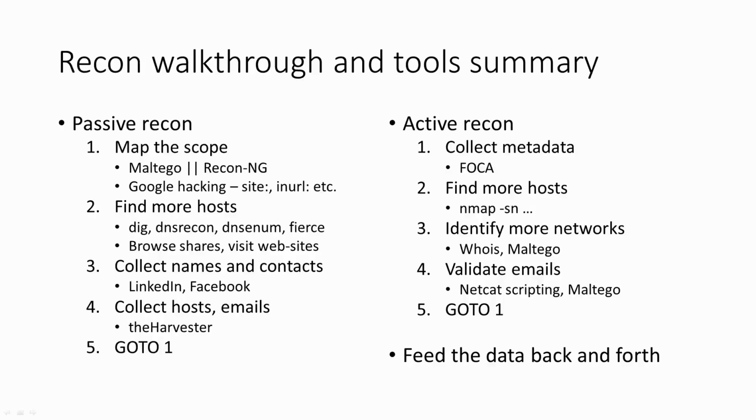In Maltego, at some point we will be able to validate some emails that we have collected by theHarvester, for example, or just found online, or constructed from the full names we have on Facebook and LinkedIn. Not many people leave their contacts public on LinkedIn, but having the principle of the naming convention and the full names of many employees, we can even automatically create lists of possible emails. In Maltego, there is a transform that validates that.